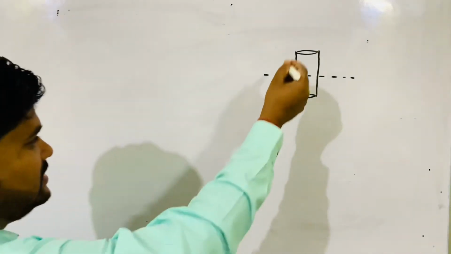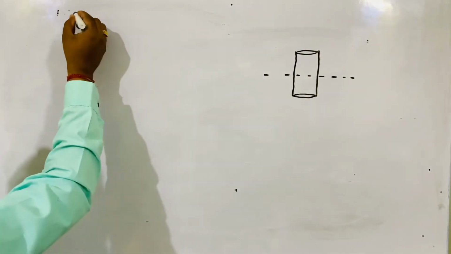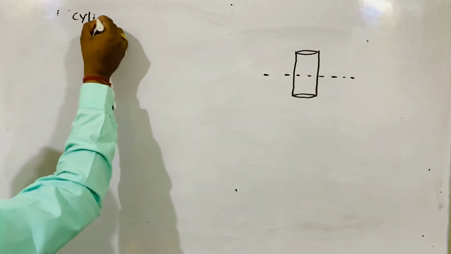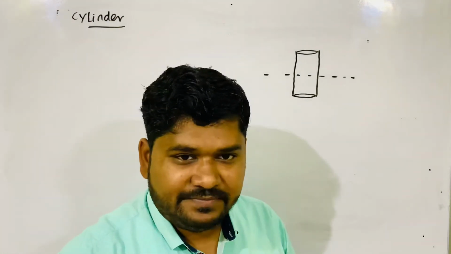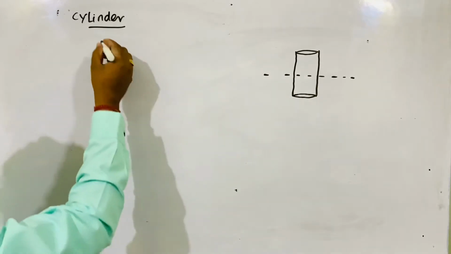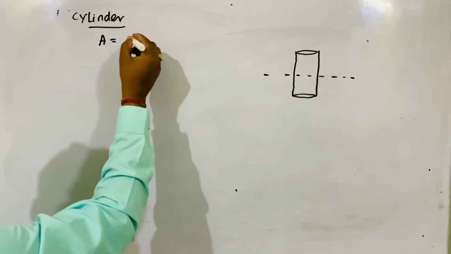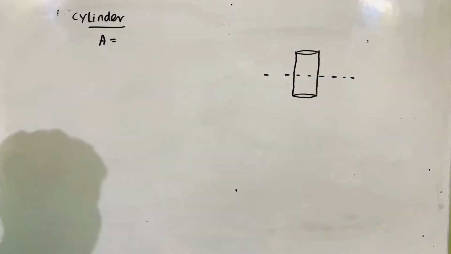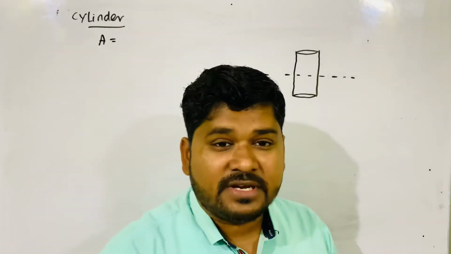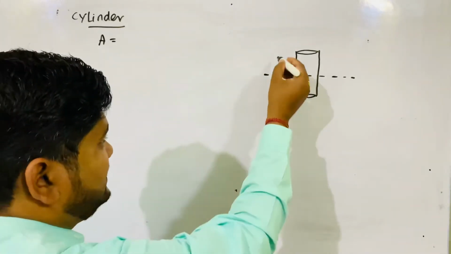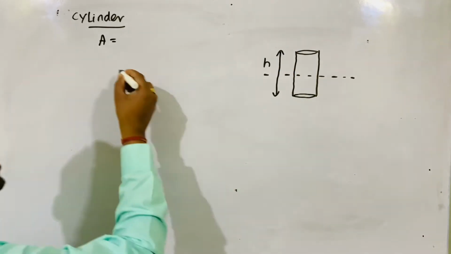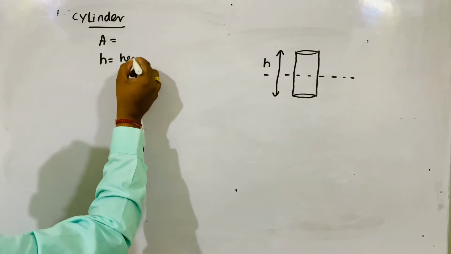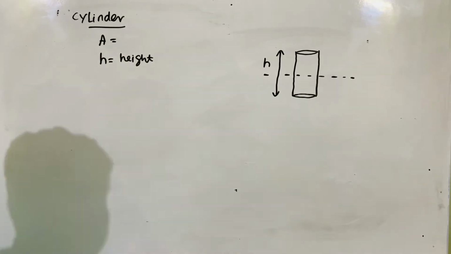Okay, so this is a cylinder on the surface of a liquid. So we have to decide what symbols we will use. Here A is the area of cross section of this cylinder. Let's take H: H is equal to the height of the cylinder.